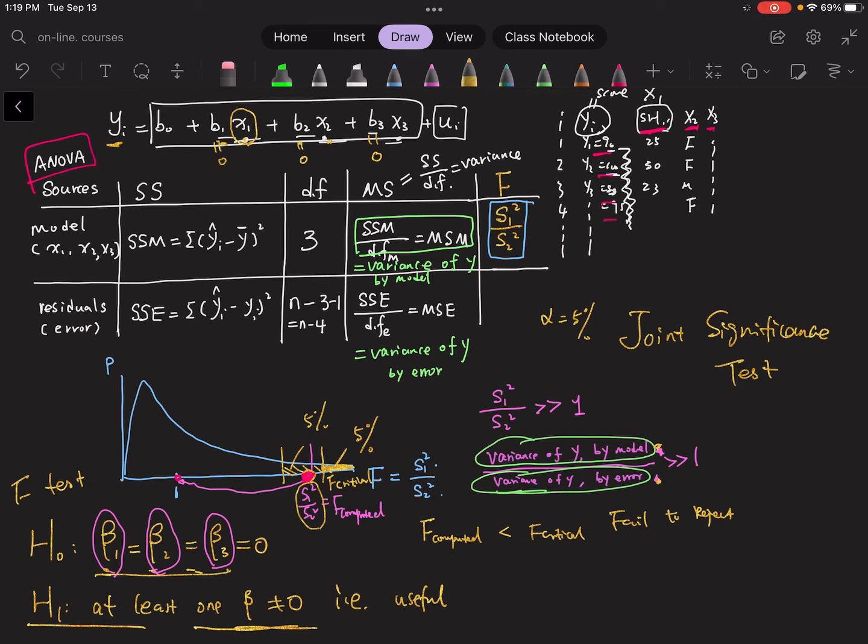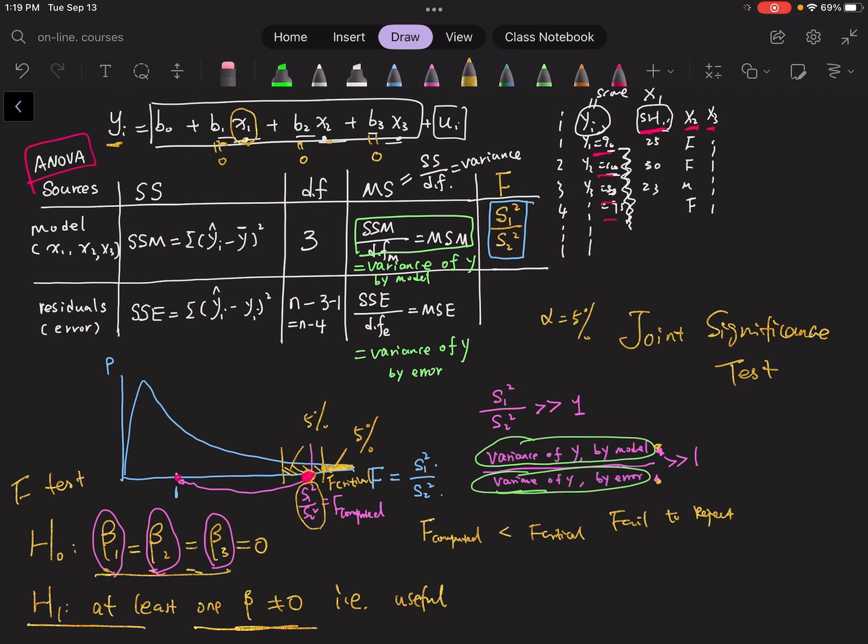Some of the students ask me in the comments, can you compare and contrast the F-test and t-test? What is the relationship between the F-test and t-test? Why do we need the F-test if we have the t-test? Or vice versa.